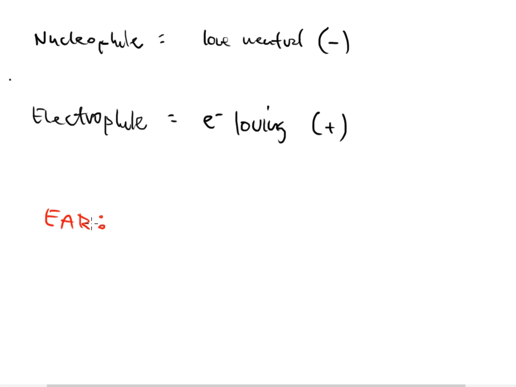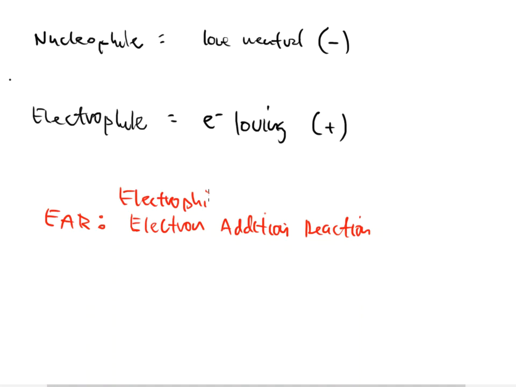So there are tons of different EAR reactions that we're going to be learning about, and EAR represents E for electron, A for addition, and R for reaction. If you don't want to use electron, you could also use the word electrophilic. It means the same thing.